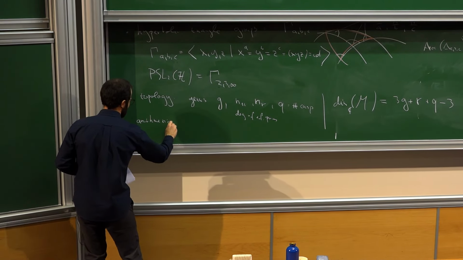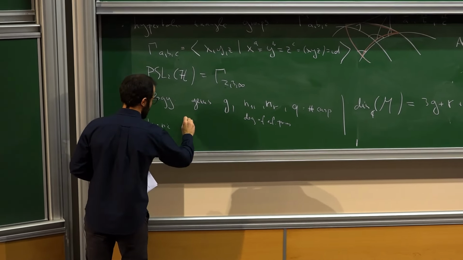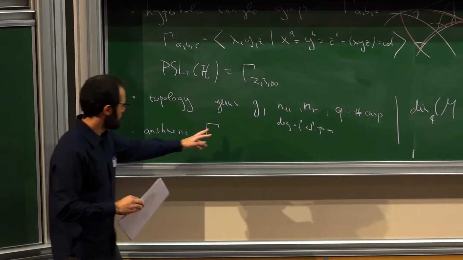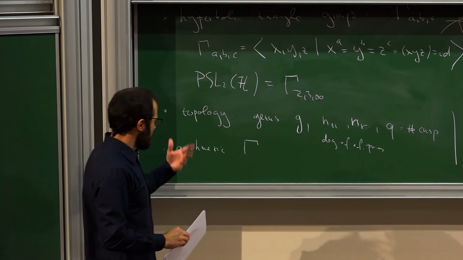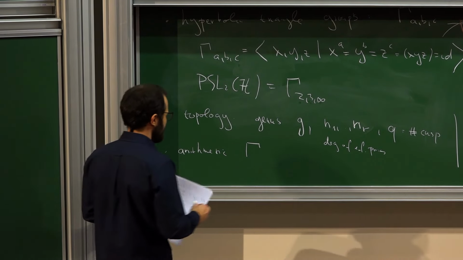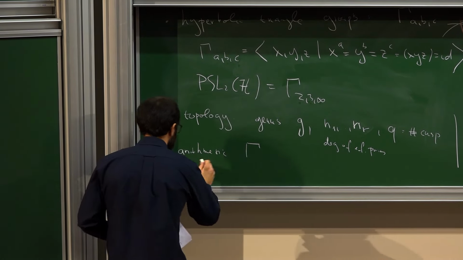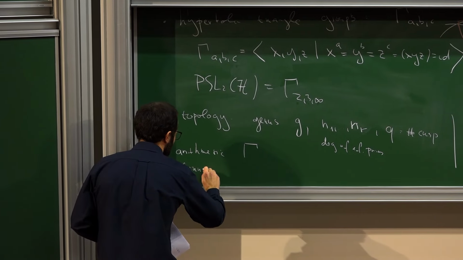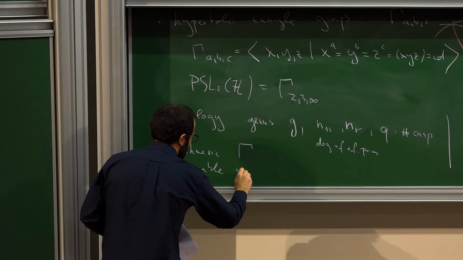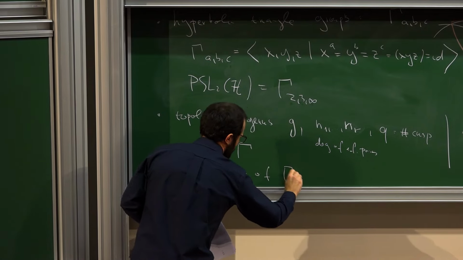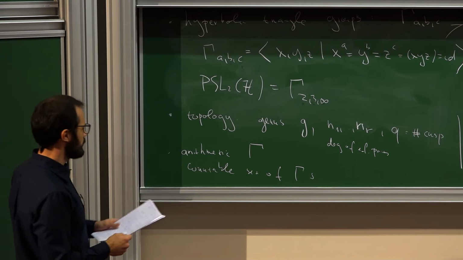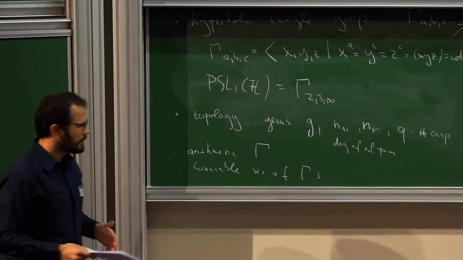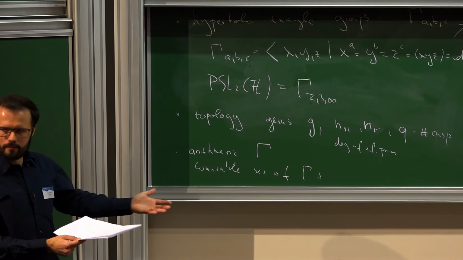Or I'm going to just refer to surface or gamma interchangeably because they are the same up to conjugation of gamma by PSL2R. So basically, arithmetic gamma is some countable set of gammas which can be defined number theoretically. And actually, the definition is a little bit complicated. It involves something called quaternion algebra.